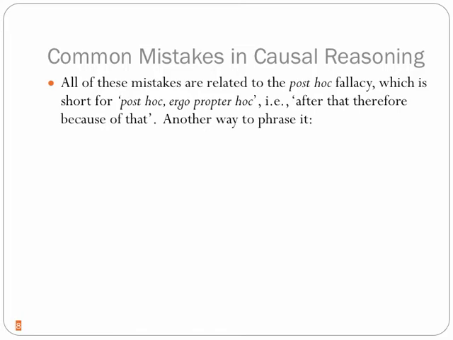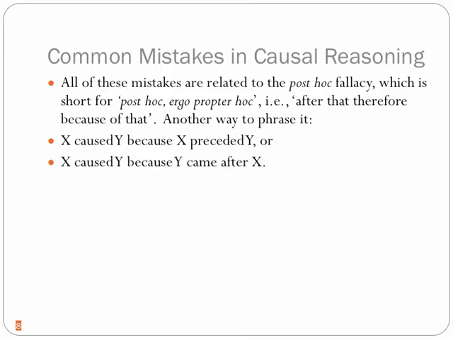That's the possible mistake. Other ways to frame this: you think that X caused Y because X preceded Y. X came before Y. But just because things are paired with each other chronologically doesn't mean that there's a causal connection. And we'll talk about some examples.